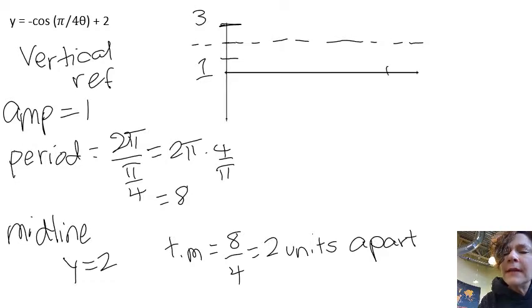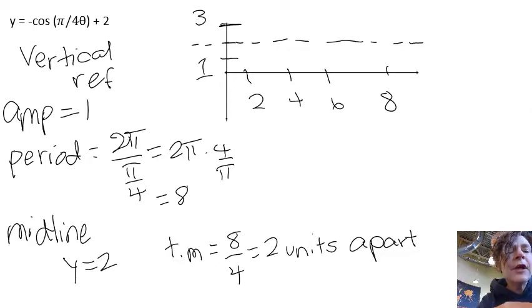So I'm going to start at 0 and end at 8, and then I'm going to have a tick mark every 2 units. So between 0 and 2, 2 away from there is 4, 2 away from there is 6, and then 2 away from there is 8.